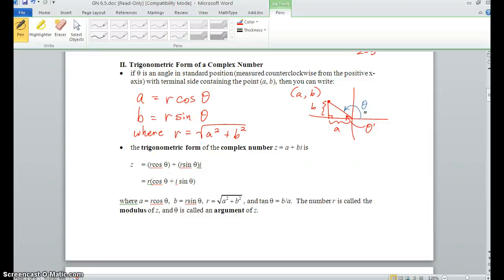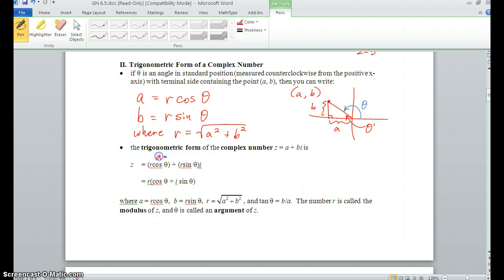The trigonometric form of the complex number z equals a plus bi is z equals r cosine theta plus r sine theta i. Similarly then, if you were to factor out r, you are left with r times the quantity cosine theta plus i sine theta. And I say similarly, but these are actually equivalent expressions.